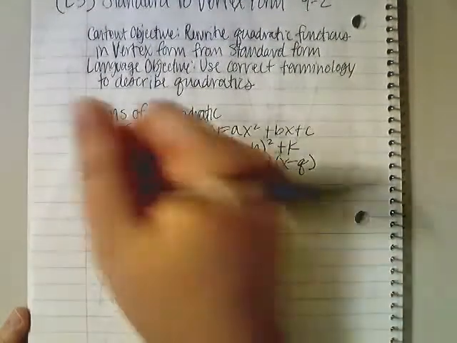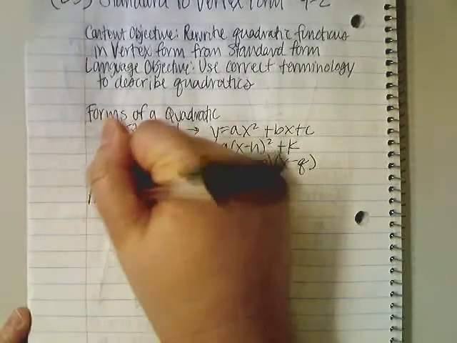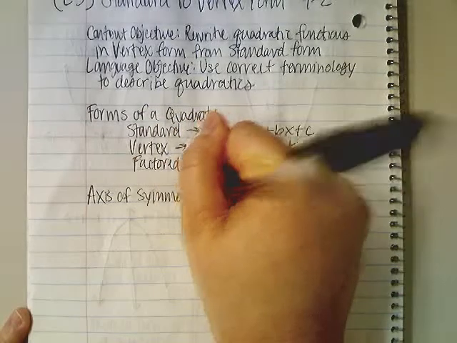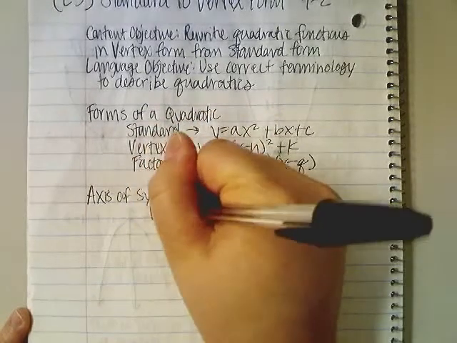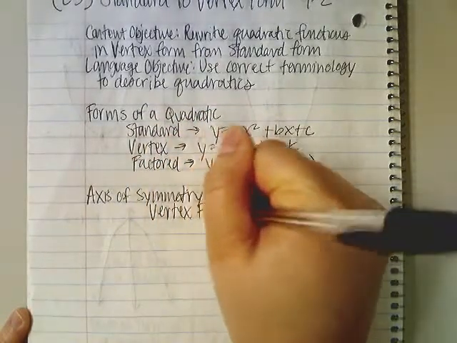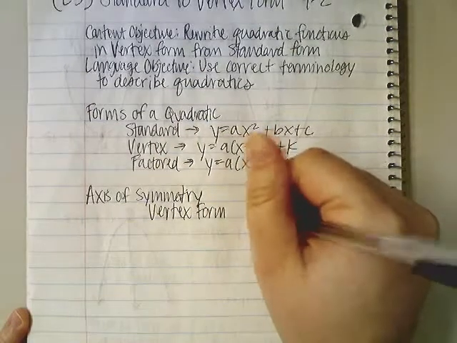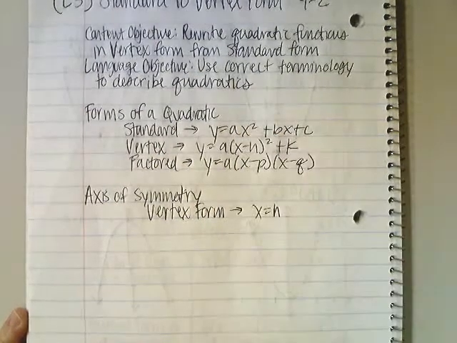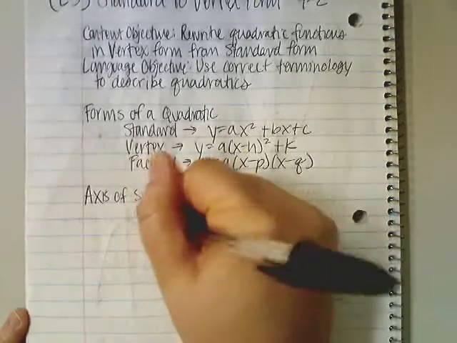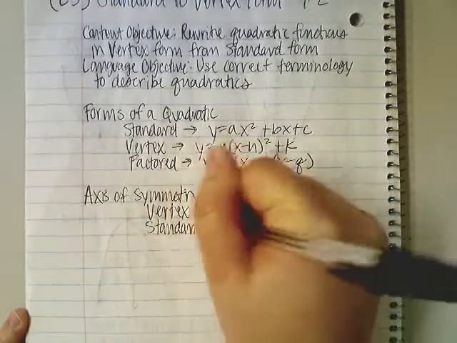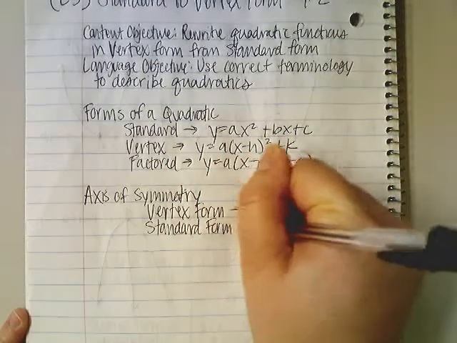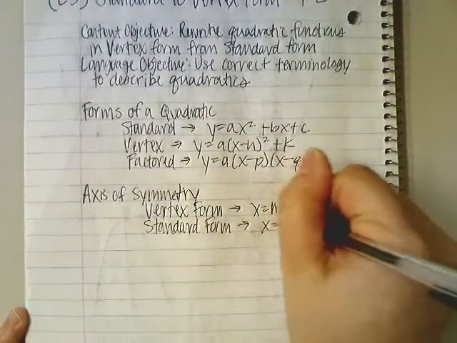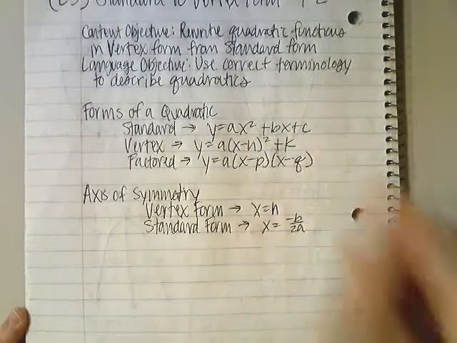So to start this out, we're going to talk about our axis of symmetry. As we know for vertex form, our axis of symmetry is x equals h. And today what we're learning about is standard form, and the axis of symmetry for standard form is x equals negative b over 2a.